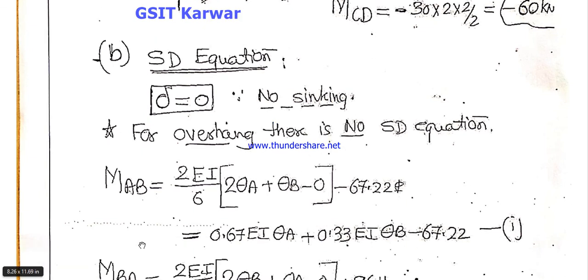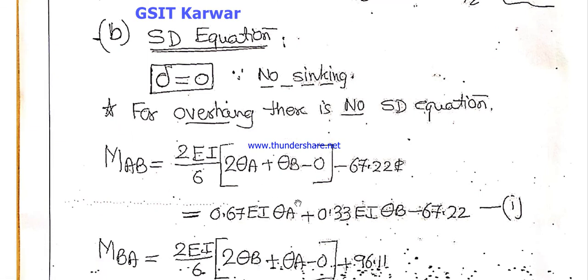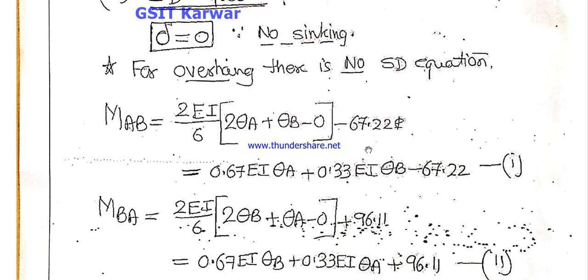Next, moment AB. For calculating moment AB, we are directly using the slope deflection equation, and according to that we are substituting the values. In the slope deflection equation for moment AB, every time you should write down the full equation. Here it is not mentioned, but actually you should write down the full equation.